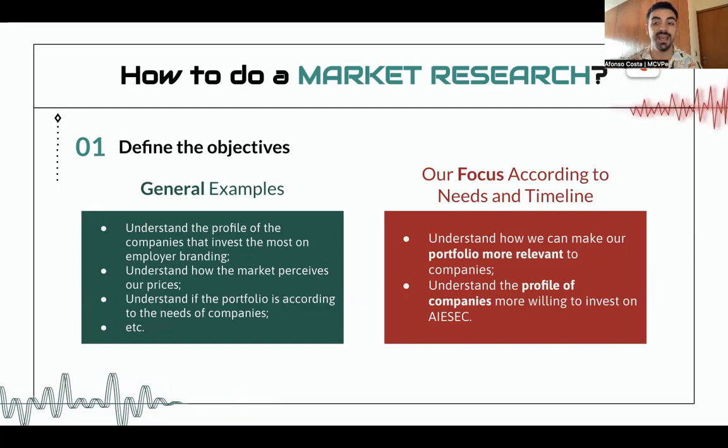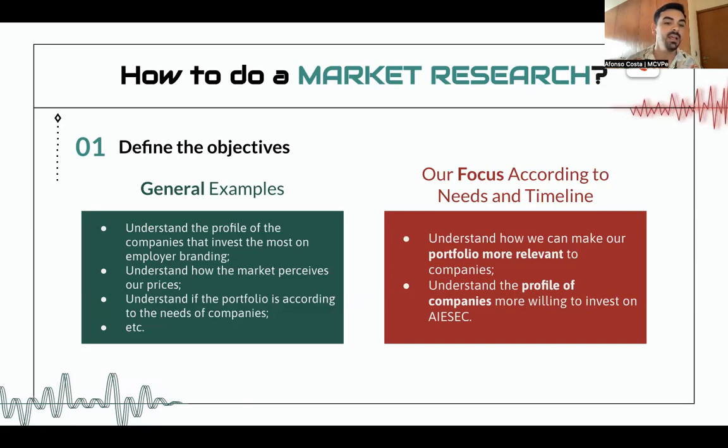We will start now with the definition of the objectives of your market research. As I have already told you, a market research is something we use in order for us to have a good market understanding, and based on this market understanding, define the strategy that we want to follow. So we have here some general examples of objectives that we may actually have.